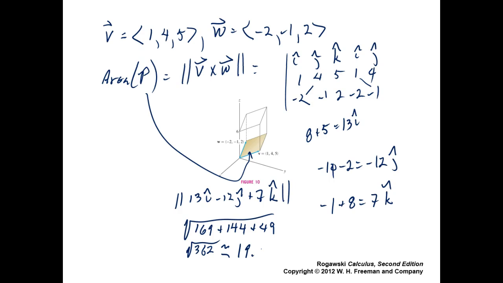Where in the world did they get that? They didn't give us a vector u anywhere in the problem here.